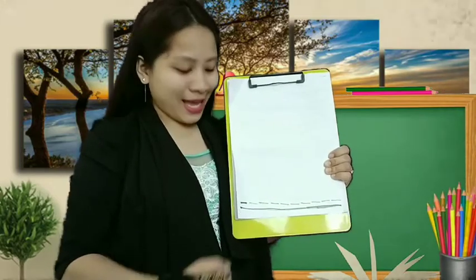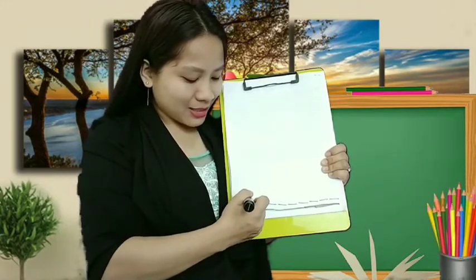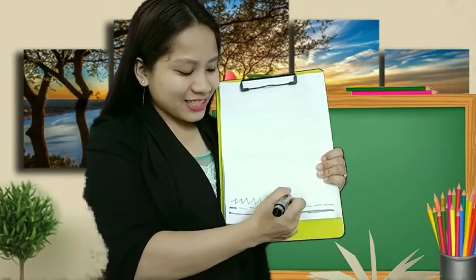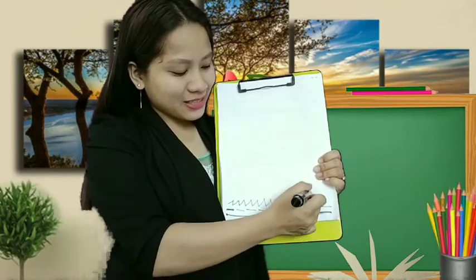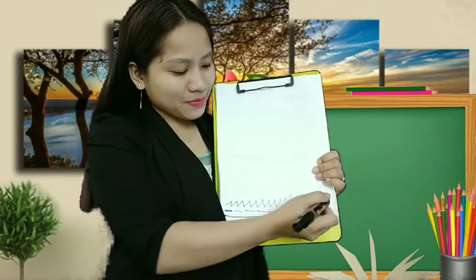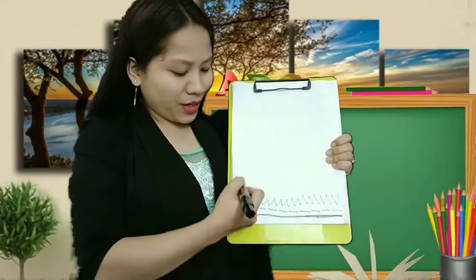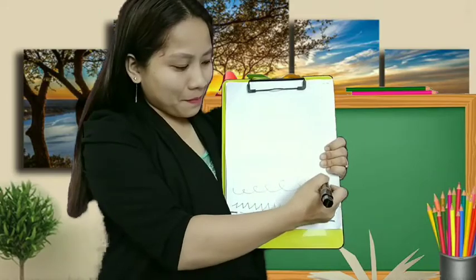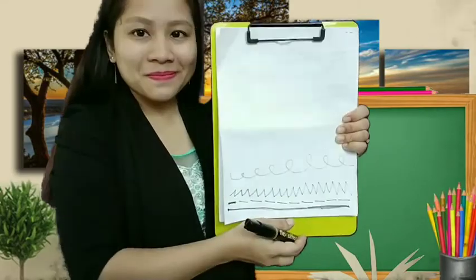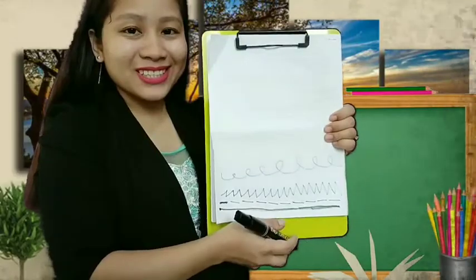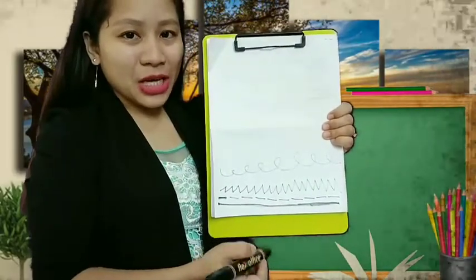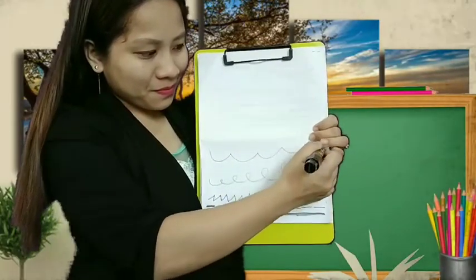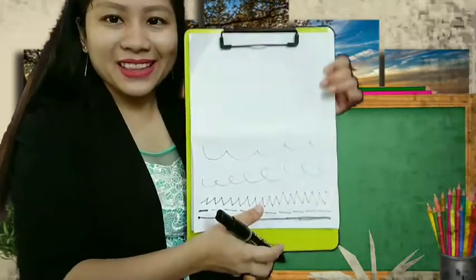They can be angles or zigzaggy, zigzag like this. They can be swirly like this. Or they can be wavy like that.